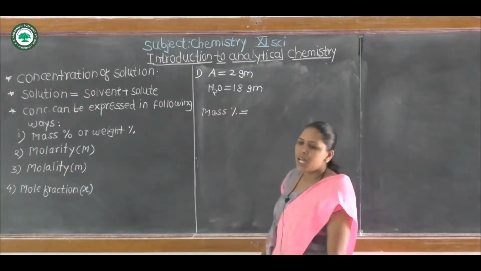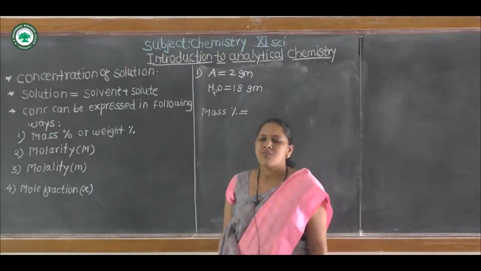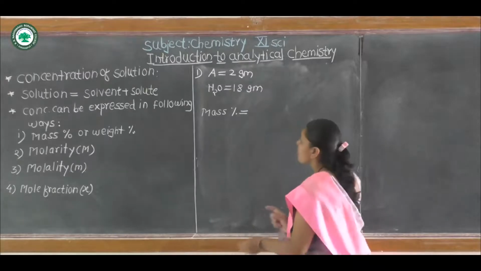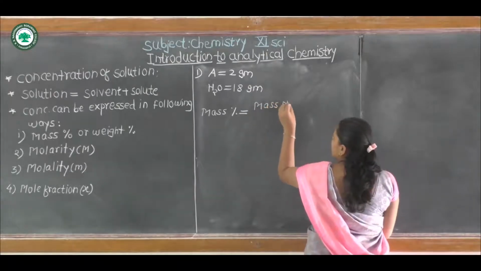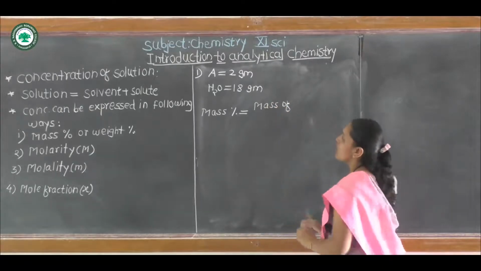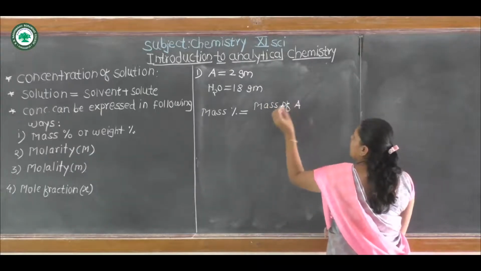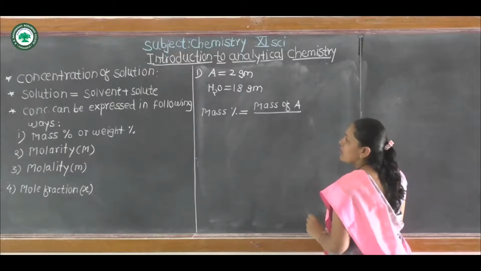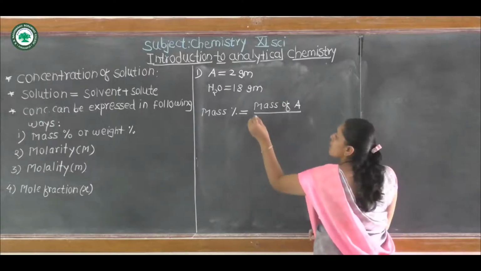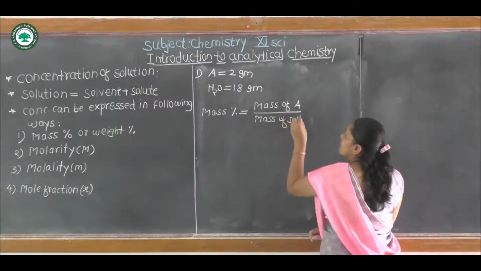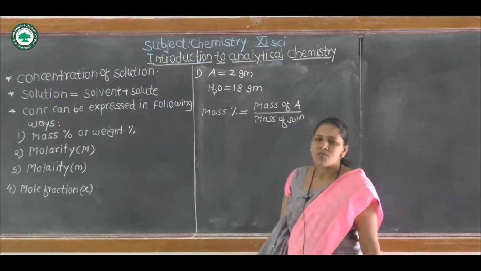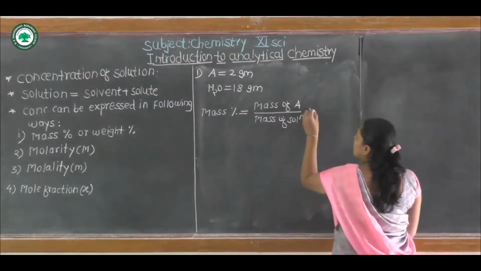What is the formula? Mass percentage is equal to mass of solute, here solute is capital A, therefore mass of A divided by mass of solution multiplied by 100.